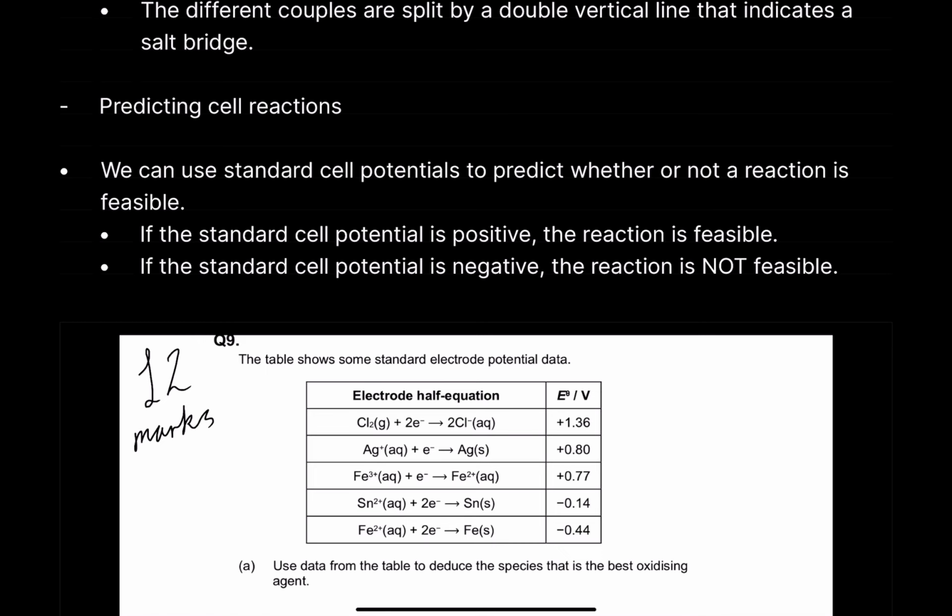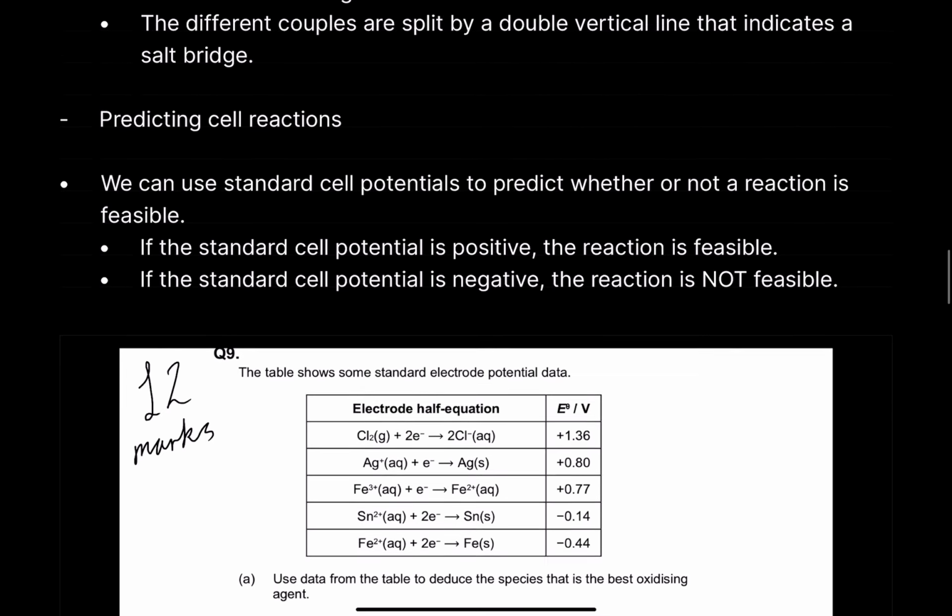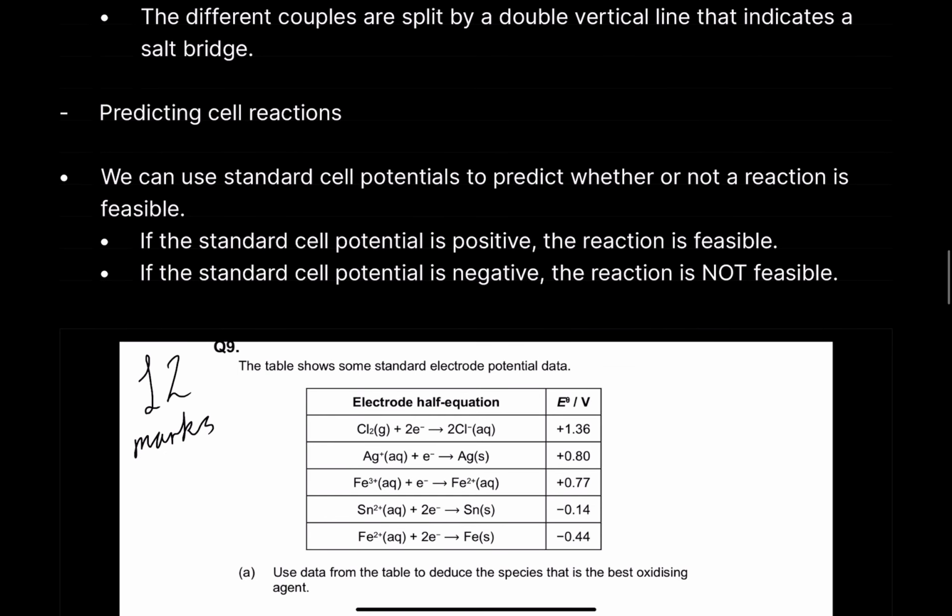This is a much better way of doing it because there are different forms of chlorine we could have: chloride ions, or just the chlorine element being reduced. In this example, we have both Fe3 plus and Fe2 plus being reduced. They're the same atom but different ions, and you can see they have very different reduction potentials. One is more likely to be reduced and one is more likely to be oxidized.